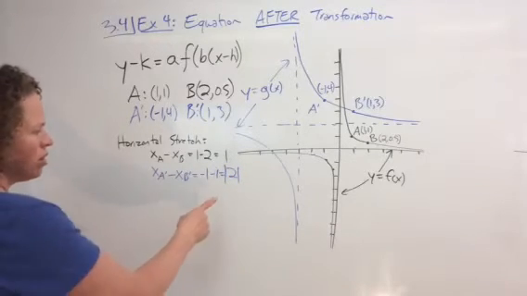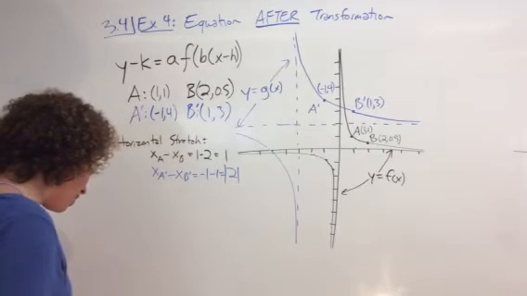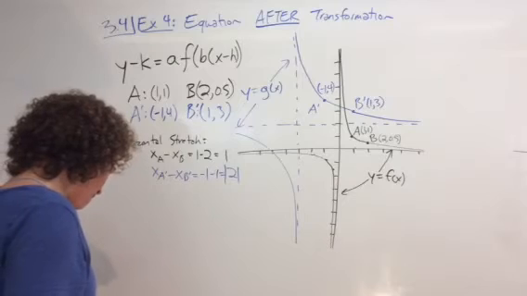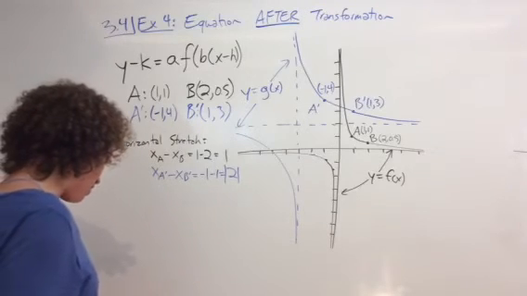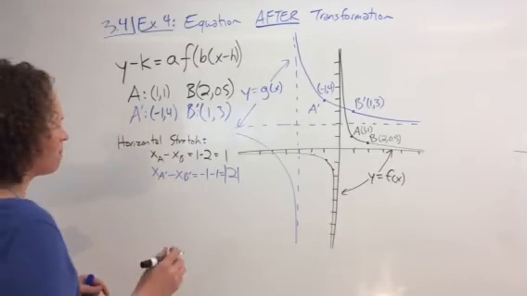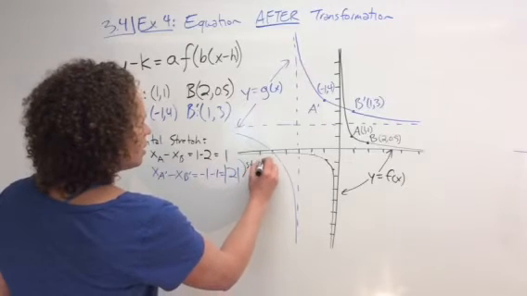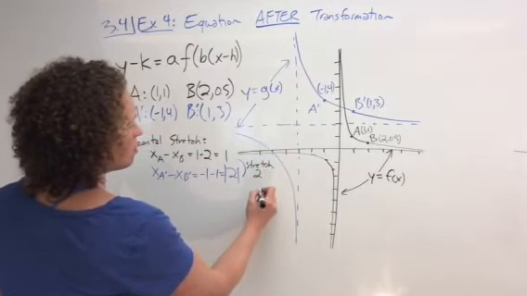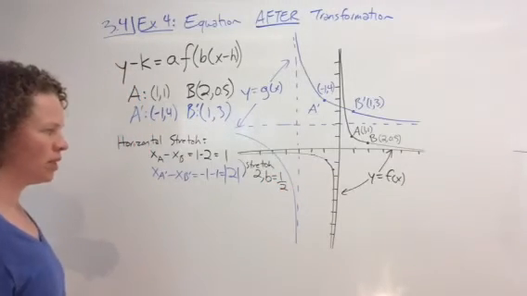So what I can do here then is go, okay, how did I get from 1 to 2? It has to have been horizontally stretched by a factor of 2, which means, and here's that weird flippy thing, it's a stretch of 2, so B equals a half, right?